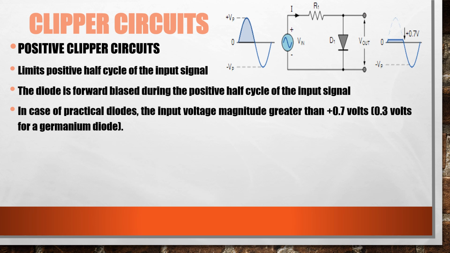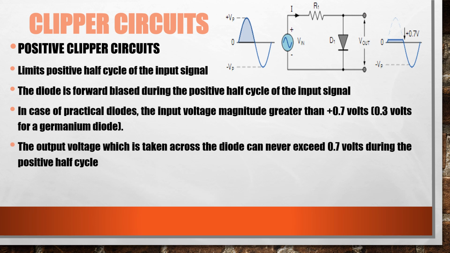The diode begins to conduct when voltage is greater than 0.7 volts in case of silicon diodes. This diode holds the voltage across itself constant at 0.7 volts until the sinusoidal input waveform falls below this value. It means the output voltage which is taken across the diode can never exceed 0.7 volts during the positive half cycle of the input signal.